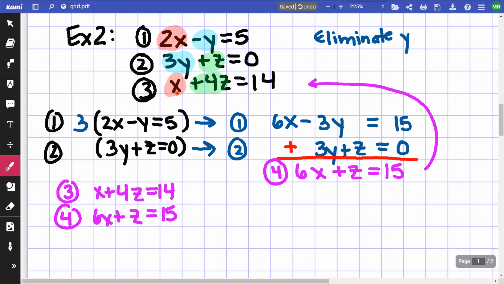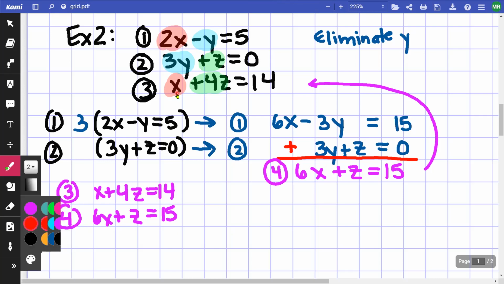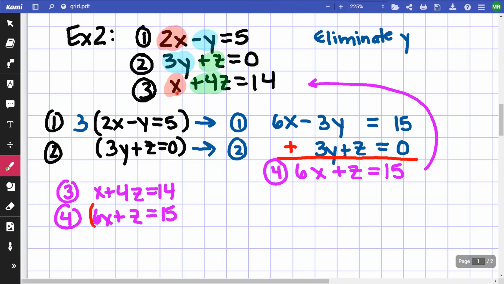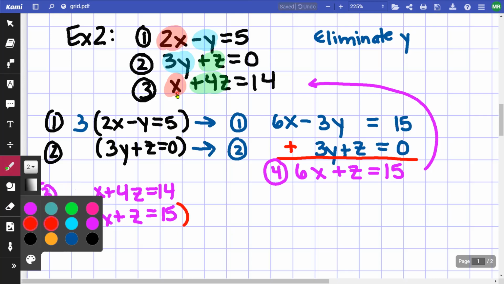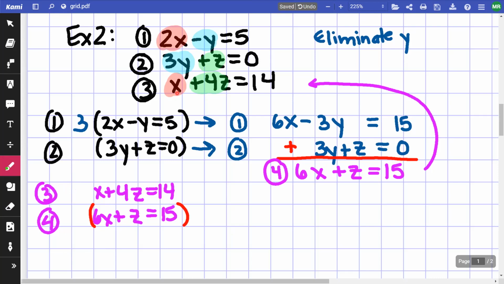So looking at this, I can either multiply the top equation by -6 to get rid of the x's, or the bottom equation by -4. So let's say I multiply the bottom equation by -4. This was equation 3, this is equation 4.